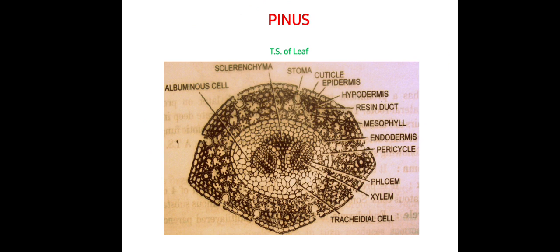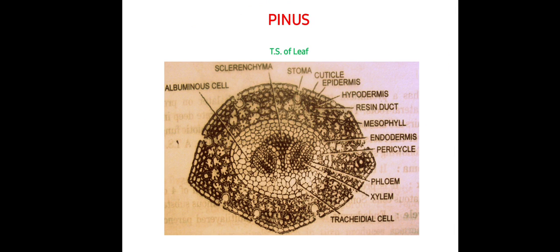A two to three cell sclerenchymatous layer is present below the epidermis and is called the hypodermis. Below the stomata, air chambers are present in the hypodermal position for gaseous exchange. We know that it shows xerophytic nature, that is sunken stomata.